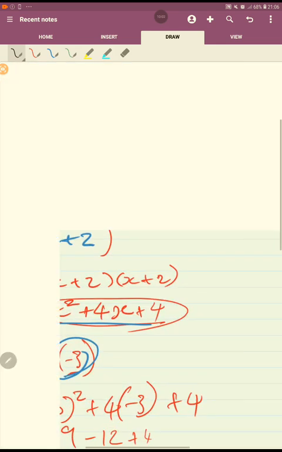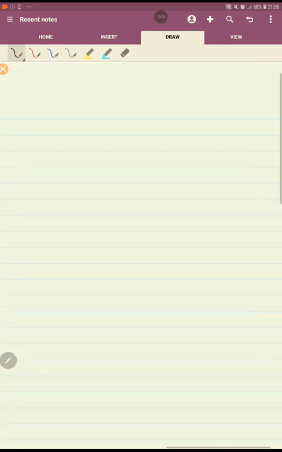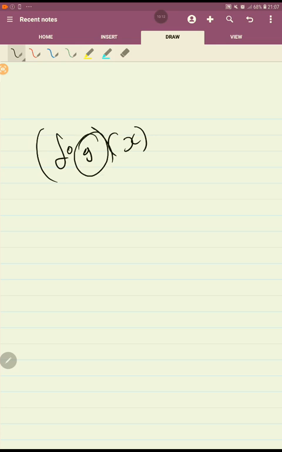To summarize, a very quick scope: if they are saying that f and g are like this, everything in g is going to be represented by x.